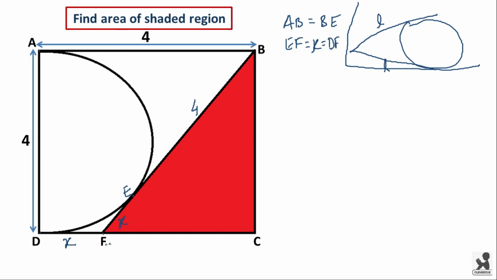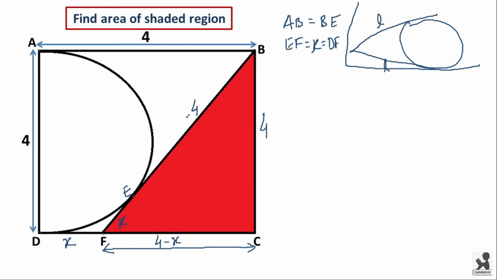Now consider the length of FC. We know that the length of DC is 4 because ABCD is a square. So the length of FC will be equal to 4 minus x, and the length of BC is 4 units.